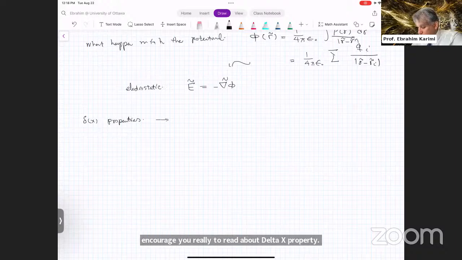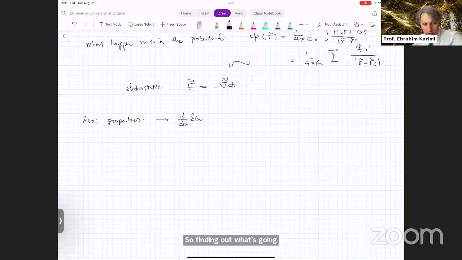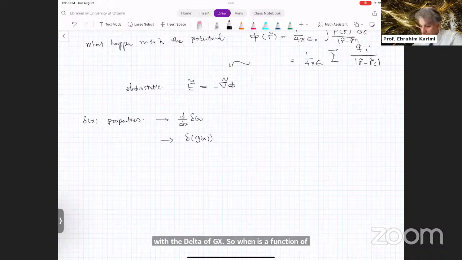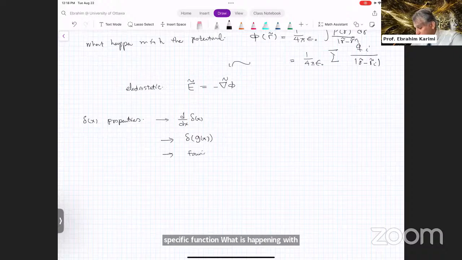Find out what's going on with the derivative of delta x, the integral, and what is happening with the delta of g of x, where g is a specific function. What is happening with the Fourier expansion of the delta function.